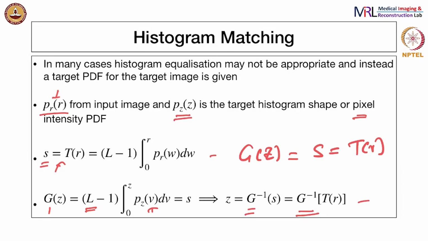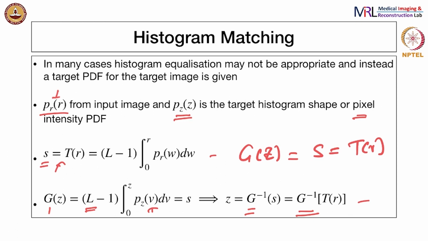Then all you have to do is estimate G inverse of S, and we are done. For every S value, we calculate Z, which is G inverse of S. But estimating G inverse is not an easy task. It's computationally and analytically difficult. But when you are working with discrete quantities, which you will see in the next slide, this is not a problem. So as we did previously, we convert this continuous result into its discrete form.